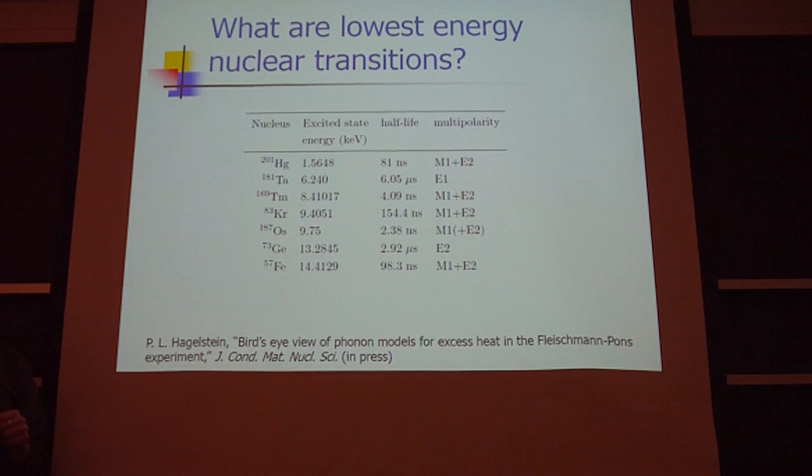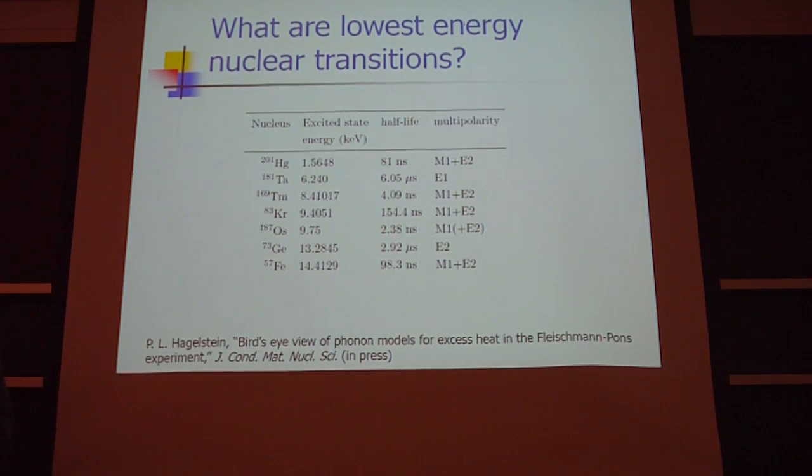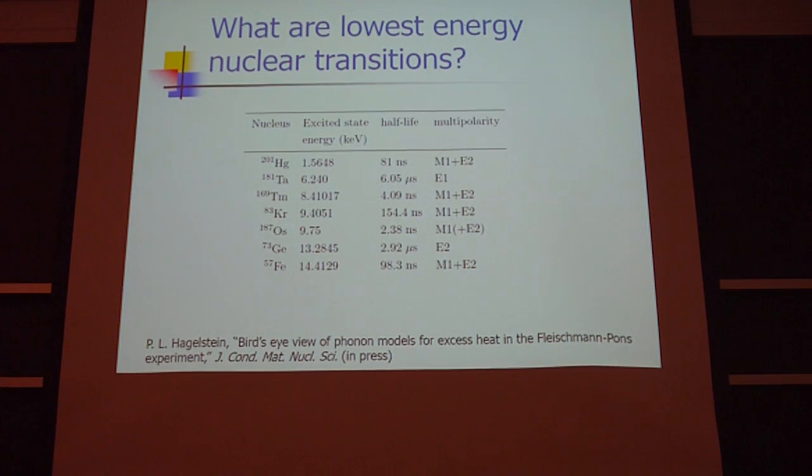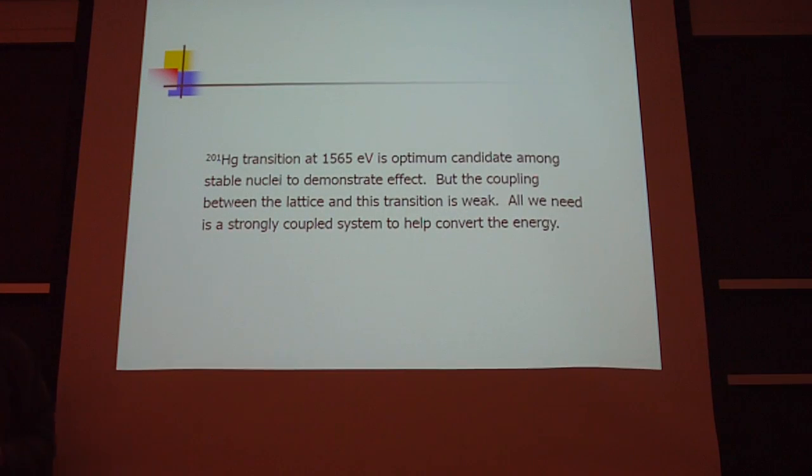So we've got a transition to focus on. I want to see if I can get some vibrational energy into this mercury 201 line. So this is the optimum candidate. Mind you, if you're willing to work with unstable nuclei, there's a transition in thorium, I think it's 229, at 7.5 electron volts, which would be better in the sense that it would be even easier than this mercury 201 transition.